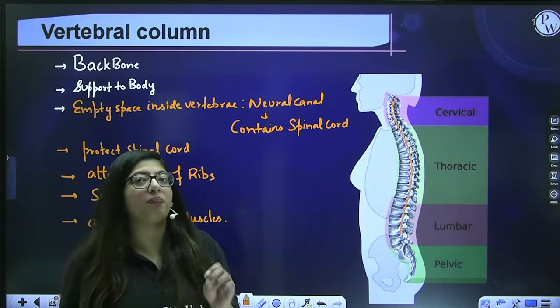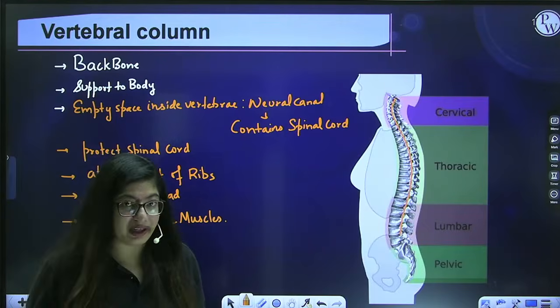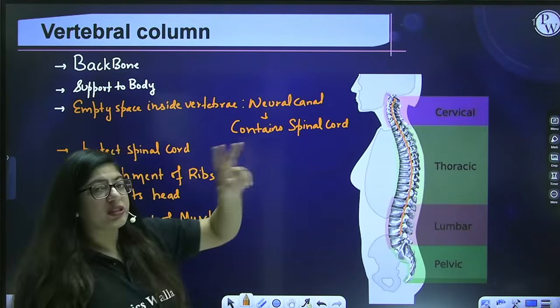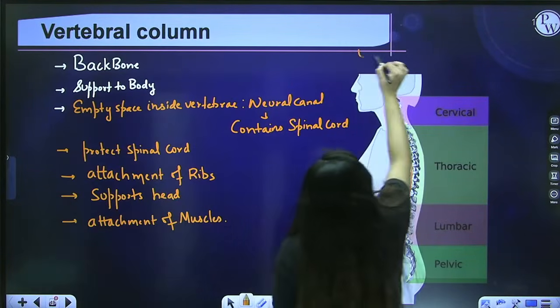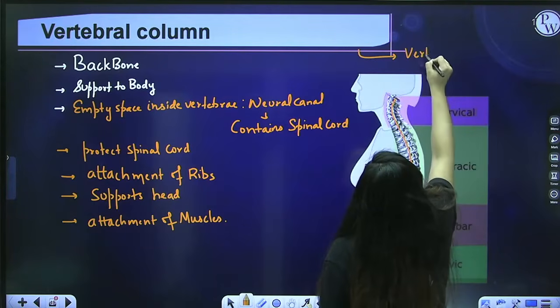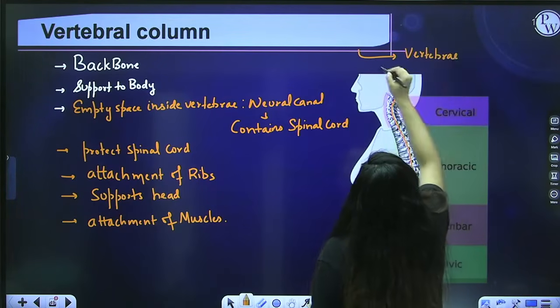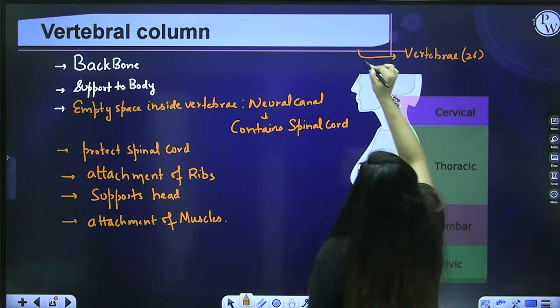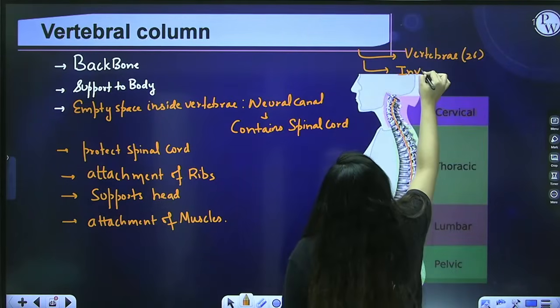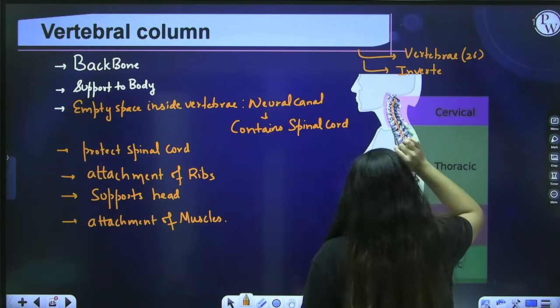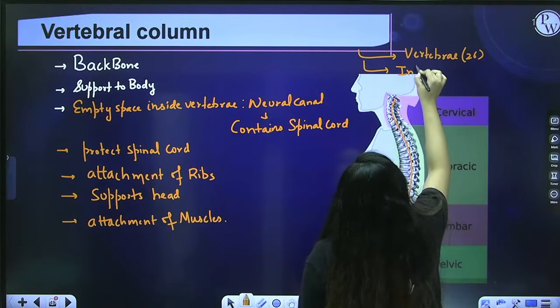Now, what is your backbone or vertebral column made up of? Vertebral column is made up of two things. One is the vertebrae, which are small irregular bones, total 26, and in between them is the intervertebral disc.